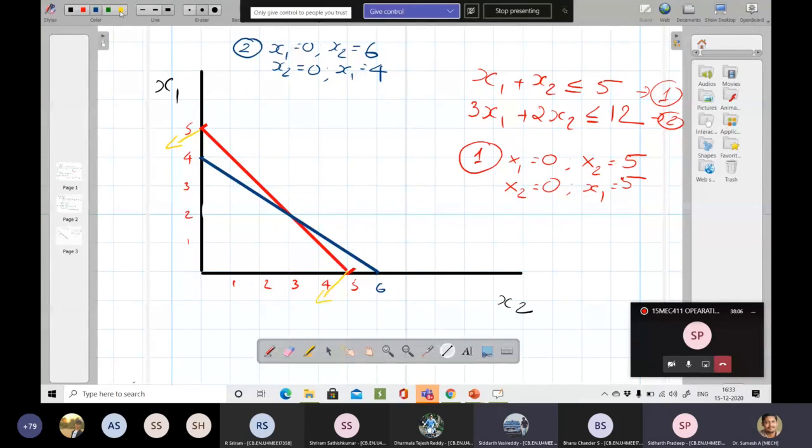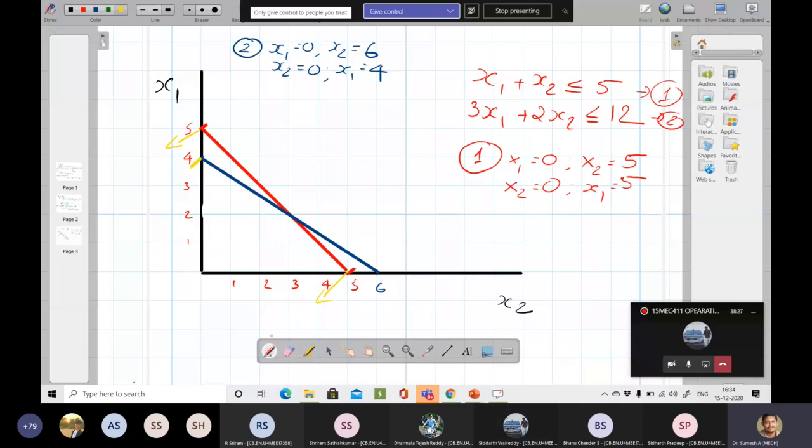Below, towards the origin, same thing. Here also the search direction will be towards the origin.